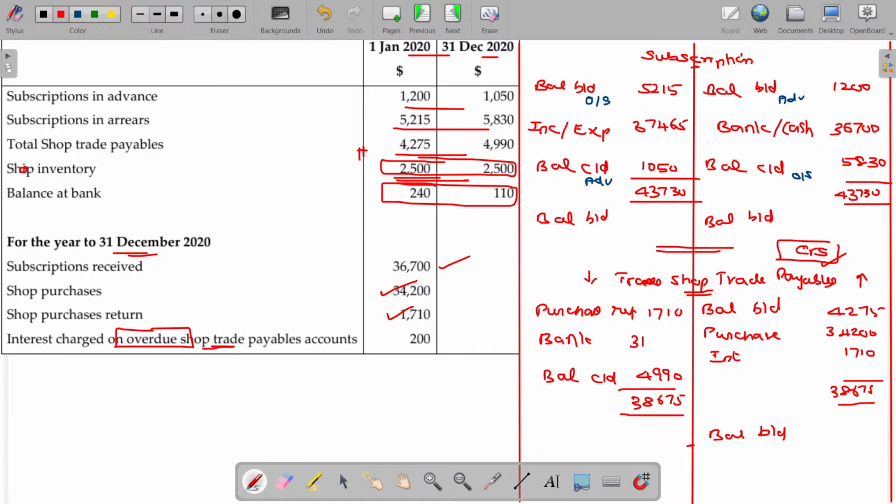Hope this value being 31,975. Is that okay? Okay, interest component is 200. Sorry, this value being 200. I stand corrected.